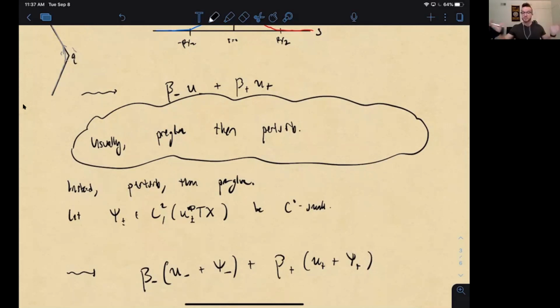Now, like I said, this expression that I wrote down technically doesn't really make sense, even with our coordinate chart, because the psi's are elements of this space.